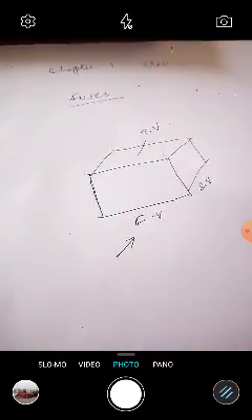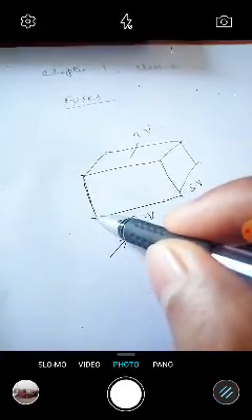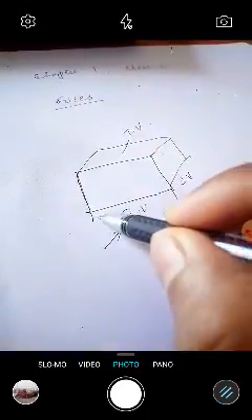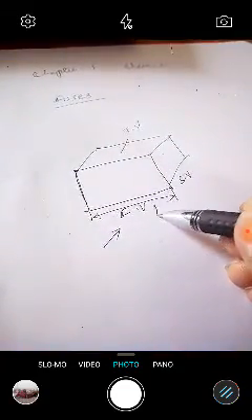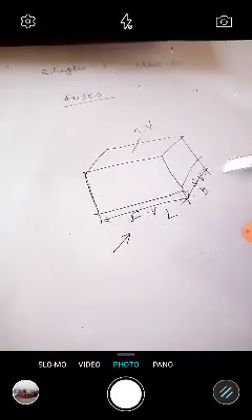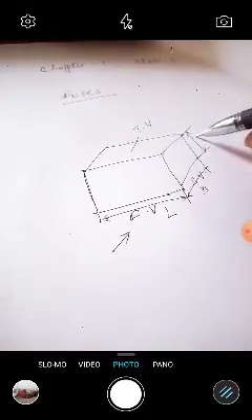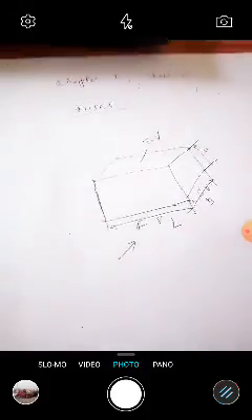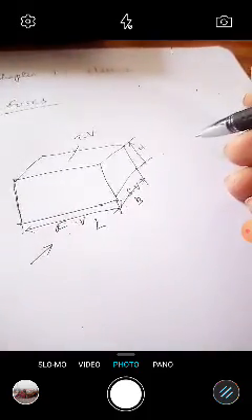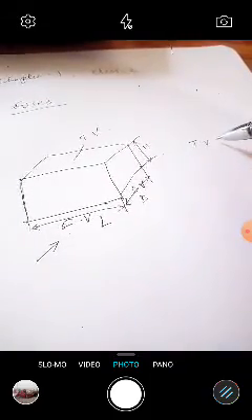Now the basic thing we will see here, as in mathematics, is that you consider this as the length, this as the breadth, and this as the height. Basically, if someone asks me to draw an isometric view picture, I start with the top view.